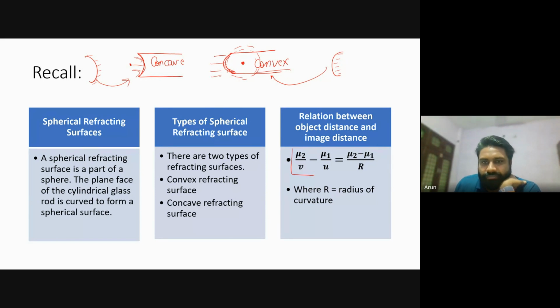R is the radius of curvature. V and U are the distance of image and distance of object. V is the distance of image and U is the distance of object. Okay, I think you got this.